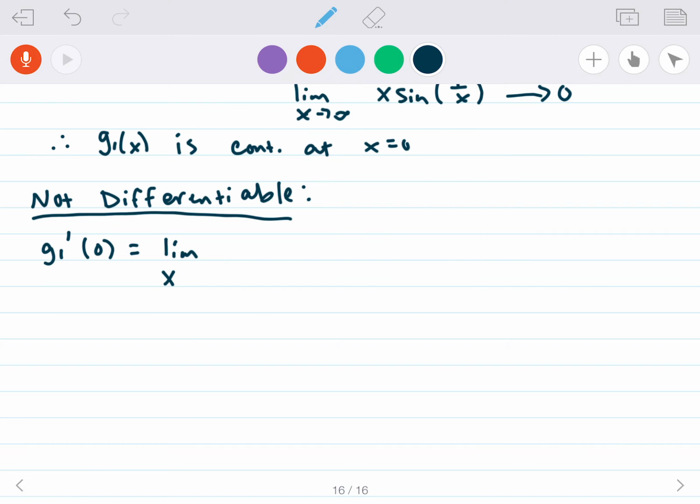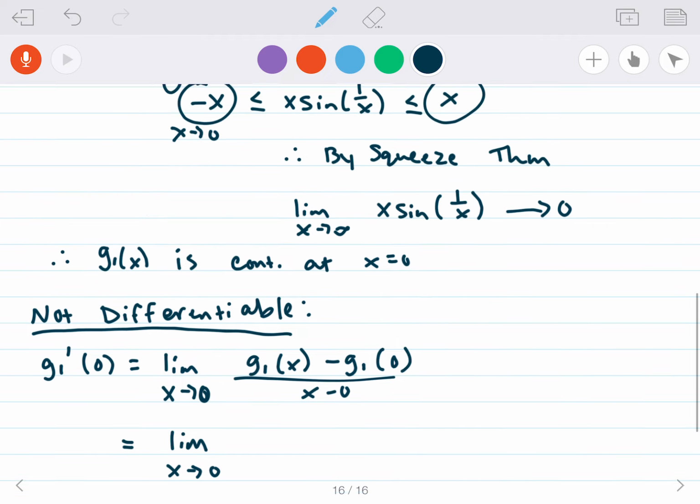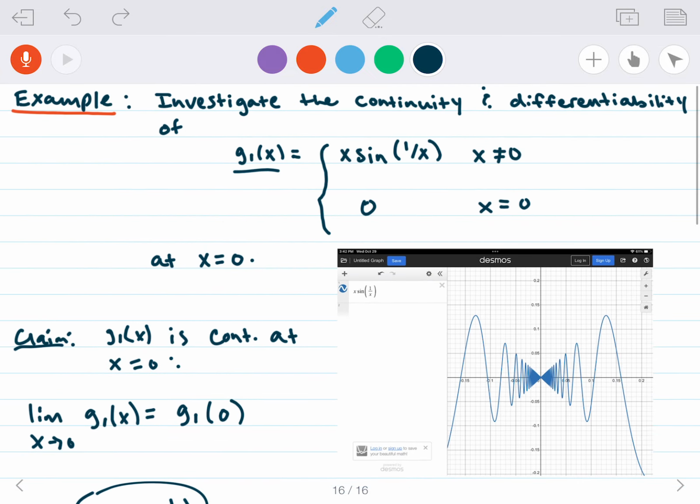So we're going to take the limit as x goes to 0 of g1 of x minus g1 of 0 over x minus 0. And so this is going to become the limit as x goes to 0 of g1 of x. Well, x is approaching 0. It's not at 0. So g1 of x is going to be the top portion of the piecewise function, and g1 of 0 is 0.